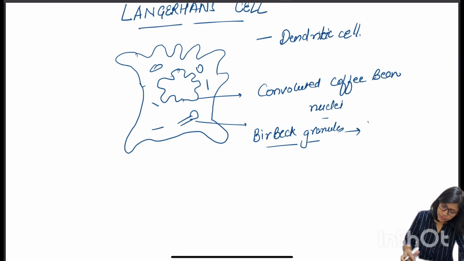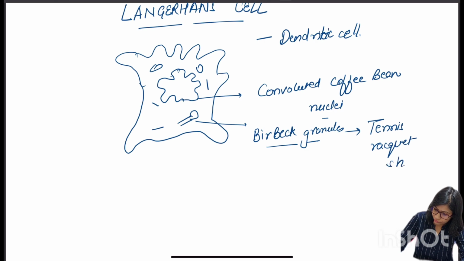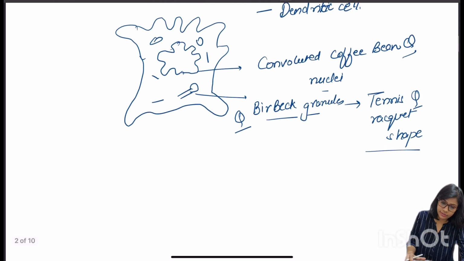As is clear from this picture, it has got a tennis racket shape. All these questions are important as far as Langerhans cells are concerned, right?